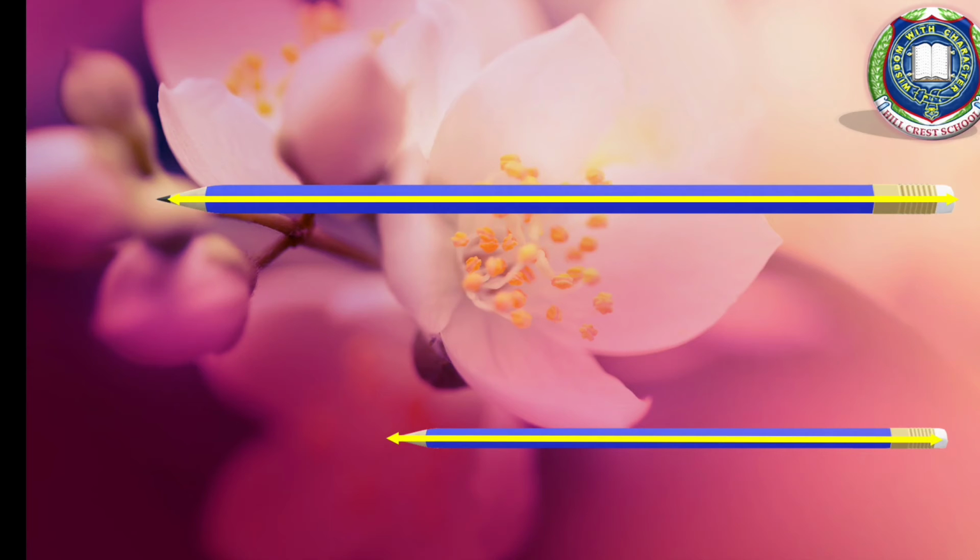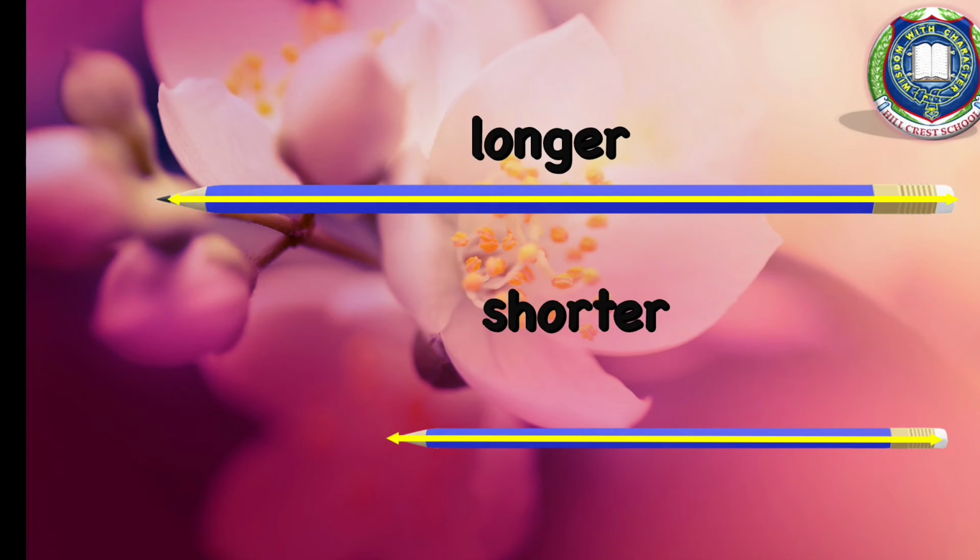Can you see these two lines, the yellow line measuring the pencil on top and the yellow line measuring the pencil below? After measuring these two pencils, we can see the line on top is longer and the line below is shorter. So we can say the pencil on top is longer and the pencil down below is shorter than the one on top. And the one on top is longer than the one below.